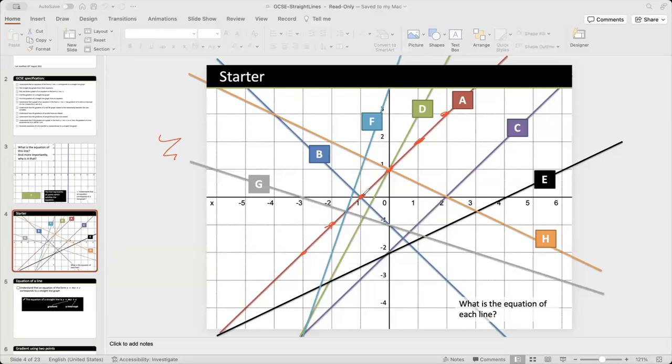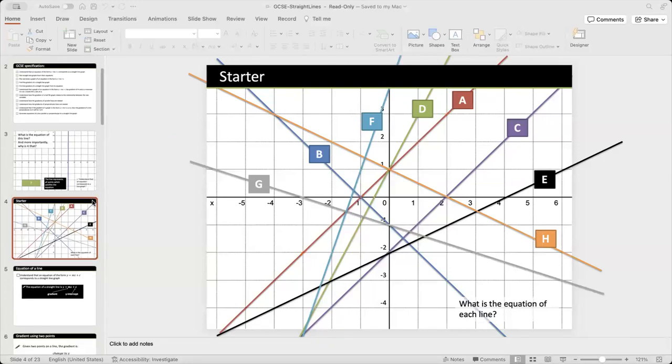This one is -2 and -3. Because this one does not pass through the origin, there's going to be a slight shift in how we do the equation of that line. I will show you very well in the next slide.